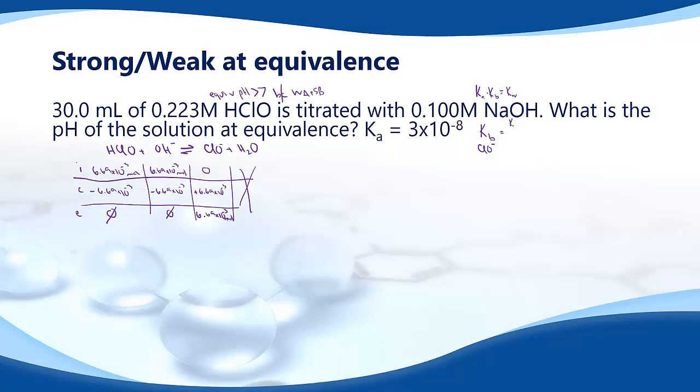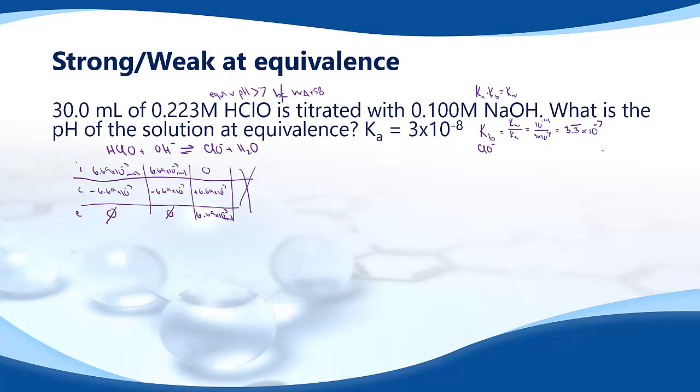So I just solve. So Kw over Ka, 10 to the minus 14th over 3 times 10 to the minus 8th, and that will give us 3.3 repeating times 10 to the minus 7th. All right, so that's our Kb here.